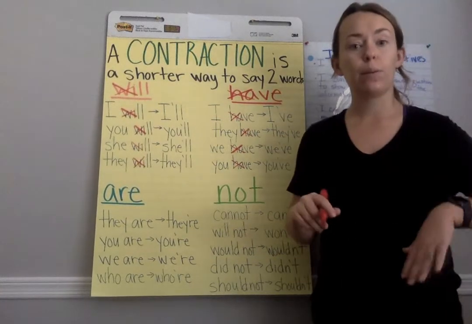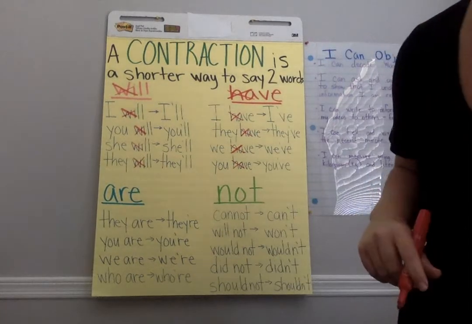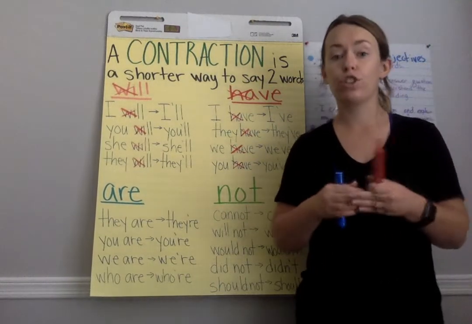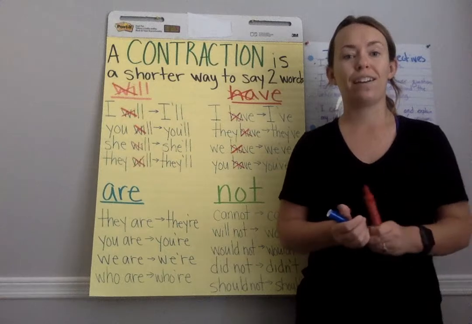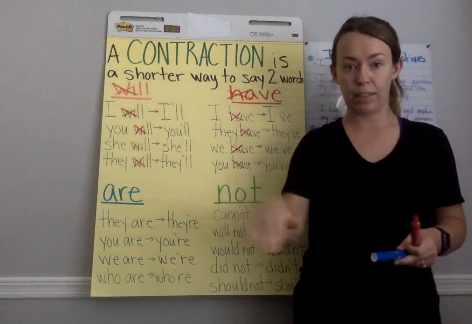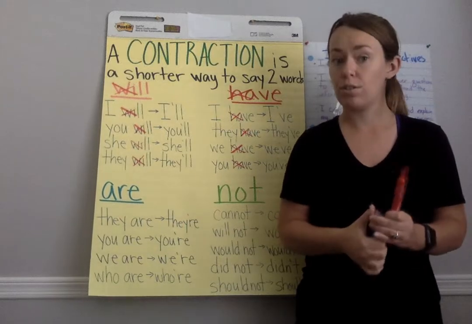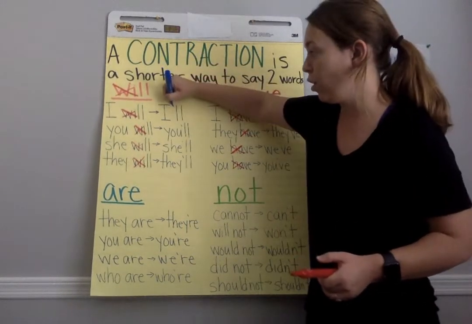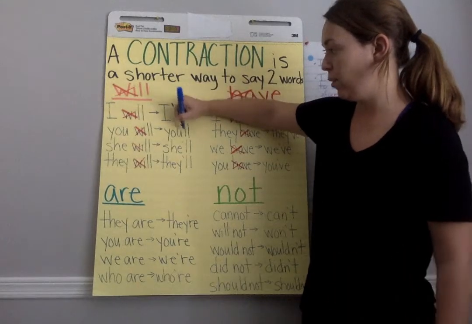Now, one thing that I really want to point out, and let me get a blue marker to make this very clear, apostrophes and commas are two different things. We're not calling them the commas up top and the commas down low. They're apostrophes, so make sure you get that one right. Apostrophes are always up here, okay?